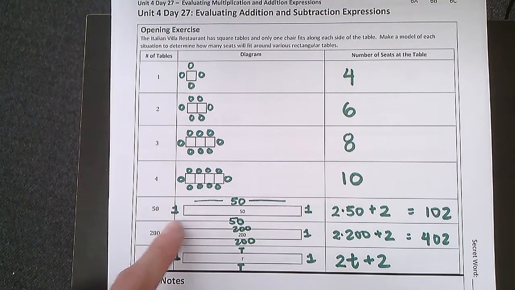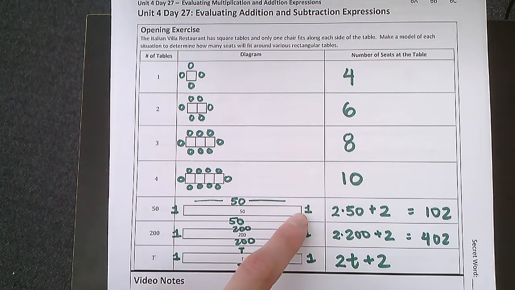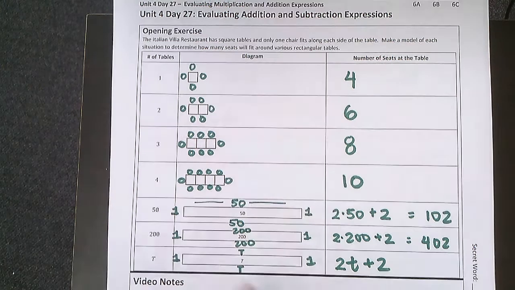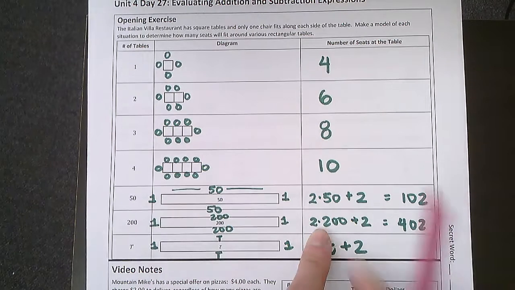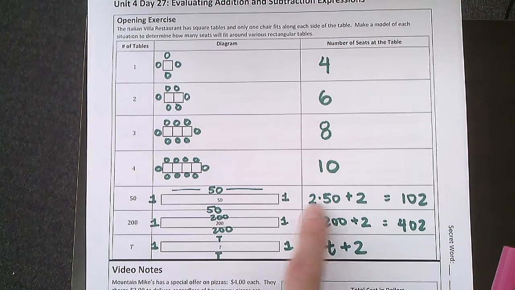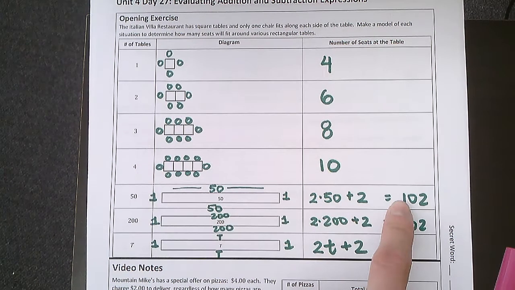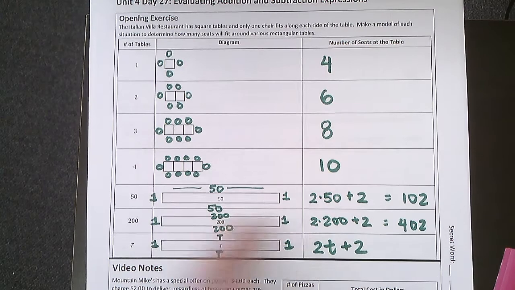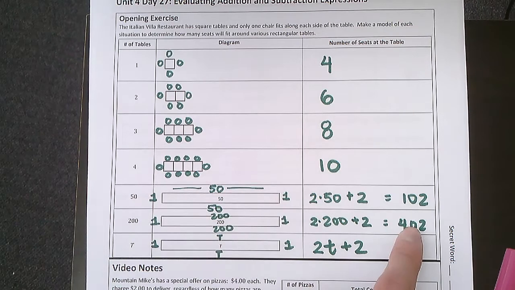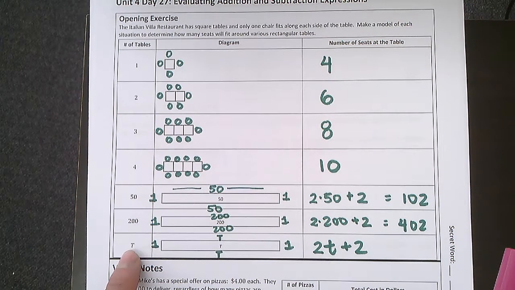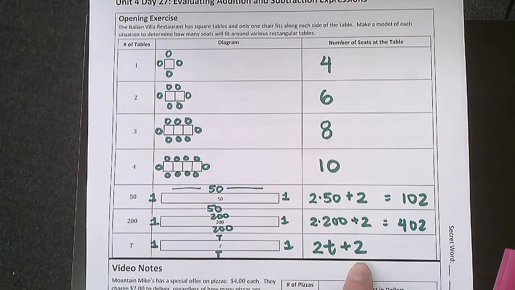And then we would always have the 2 chairs at the ends. So the pattern that we figured out was 2 times however many square tables there were, so like 2 times 50, plus the 2 chairs at the end. And that's how you can figure out how many chairs you can fit around the rectangle altogether. So our pattern was 2 times t, if t is the number of tables, plus 2.